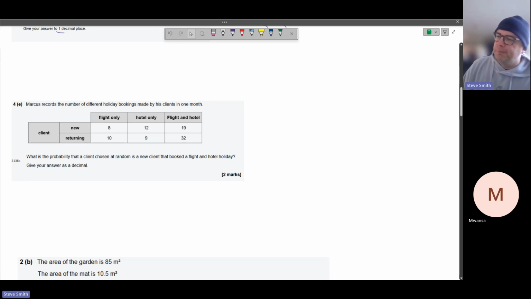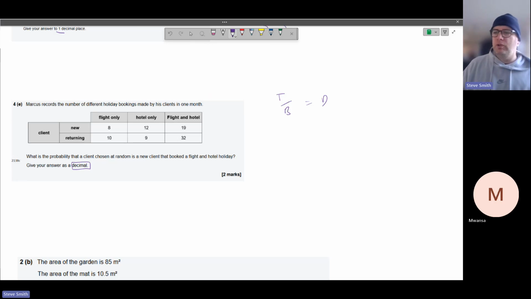So straight away, probability questions, we normally say, I don't know, 3 out of 10, and that's the answer. Amazing. But this one's saying, great, work it out, but then give me it as a decimal, which is basically top divided by bottom equals your decimal. So that's quite straightforward for 2 marks, and it's a calculator paper, so we're okay.